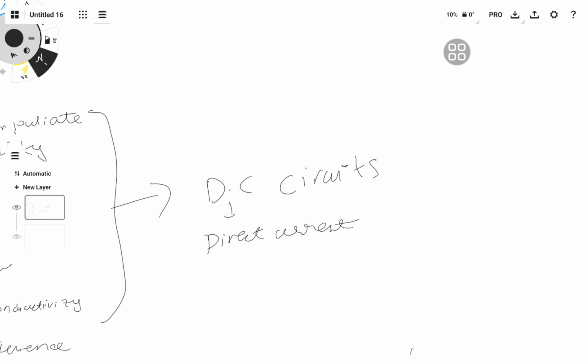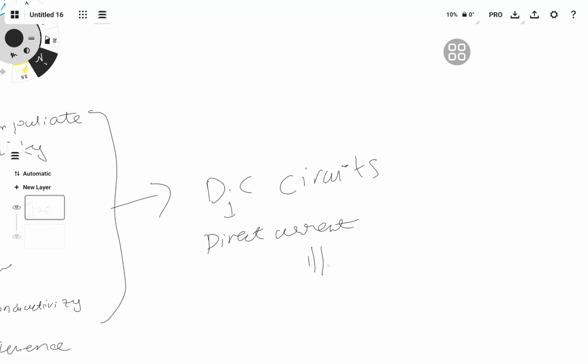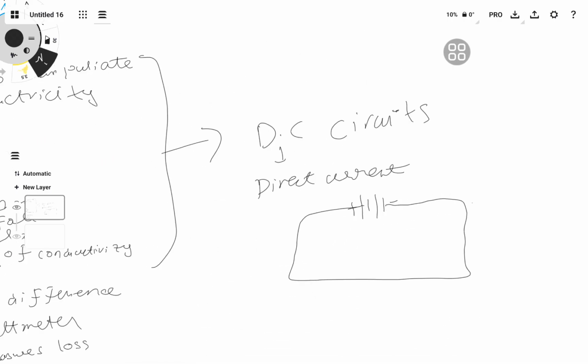So when we talk about what actually happens, for example, if we have a circuit like this, this is negative, this is positive, and this is negative. Before, I do not know the complete history, but scientists labeled something as conventional current. Basically the idea that charges flow from positive to negative, but this is wrong.